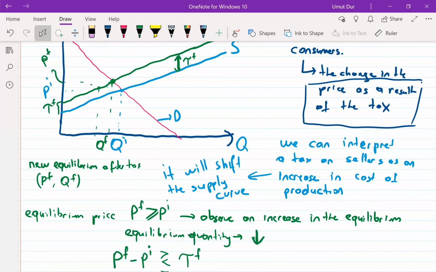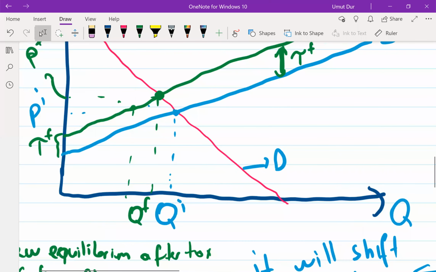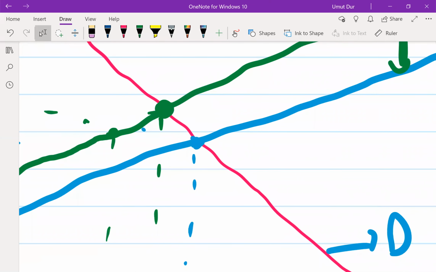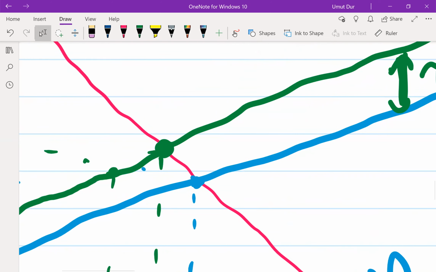Let's look at this graph. My drawing is not very good, so let me magnify it. But still it looks like tau F is bigger than PF minus PI, I think. Let's try to see it. What is the difference between the prices here?